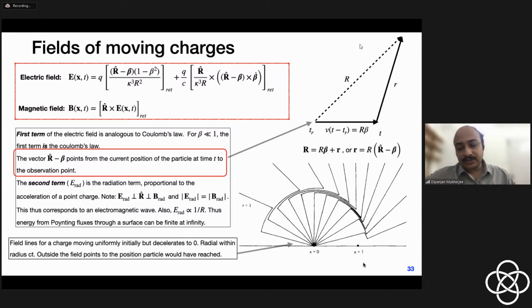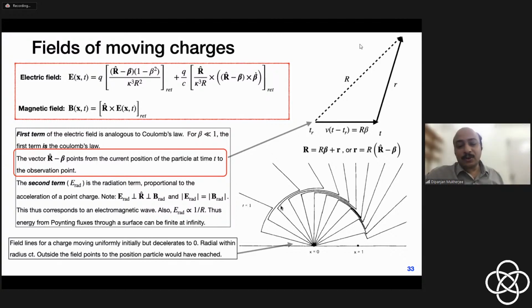So all these vectors always point to the previous location of the charge, and you can find this out because of the way the direction of the vector will look over here. Okay. It's r minus beta, which actually is also. Sir, the straight lines I do understand. I do not understand why these two lines are joined by the curves.